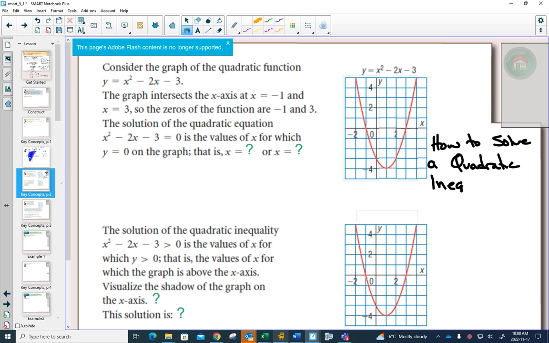Some steps for how to solve a quadratic inequality. And solving a quadratic inequality is going to be very similar to solving a quadratic equation.